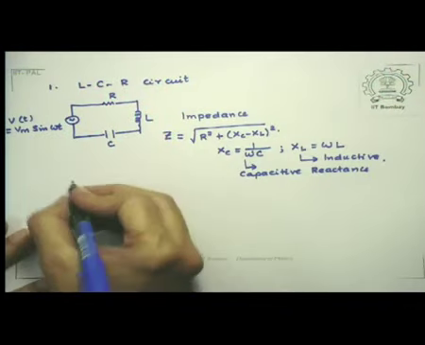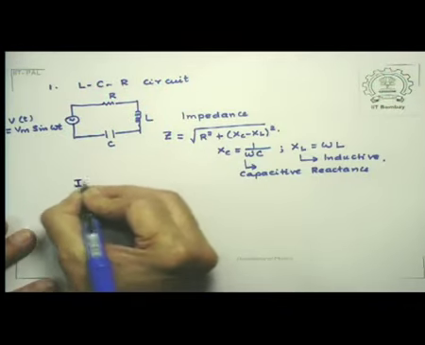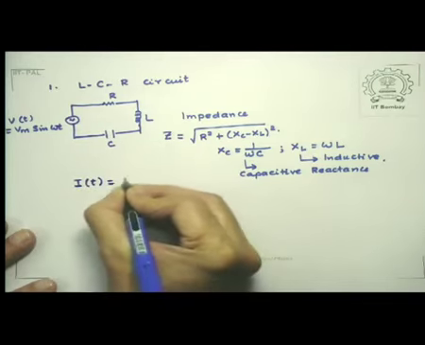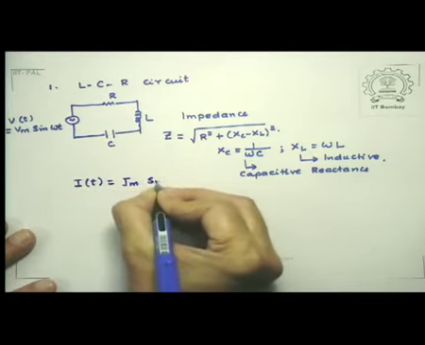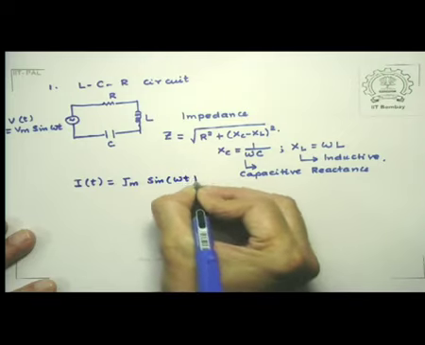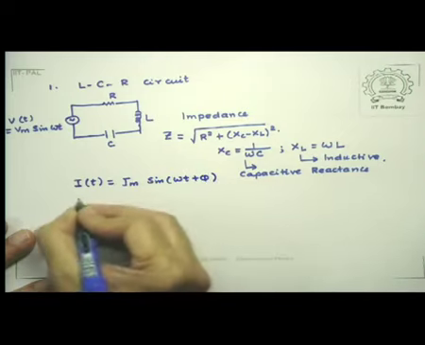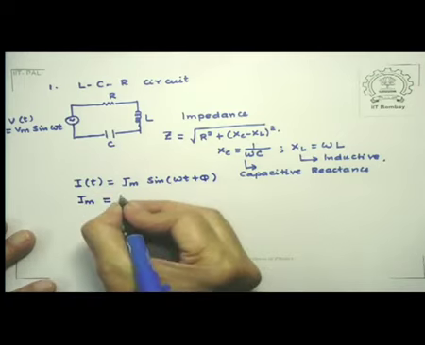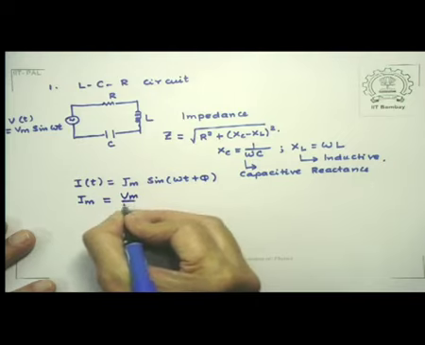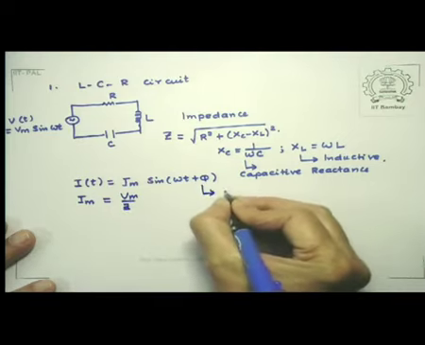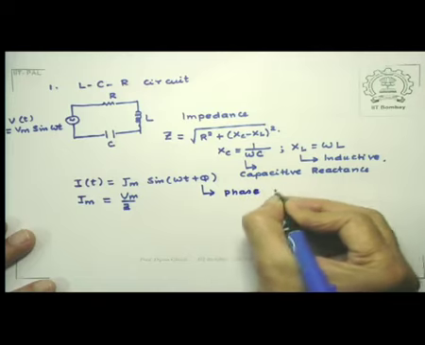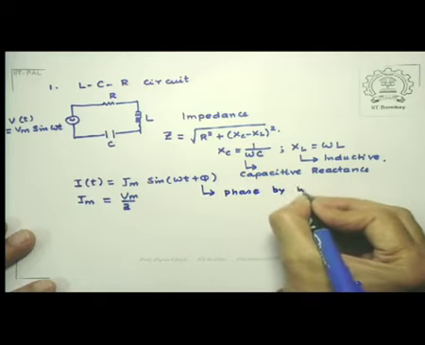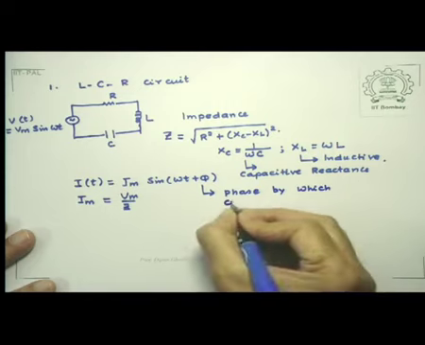And we had seen that corresponding to this source voltage, the value of the current I is given by Im sin of omega t plus phi, where the amplitude of the current is given by Vm over Z and phi is the phase by which current leads the voltage.